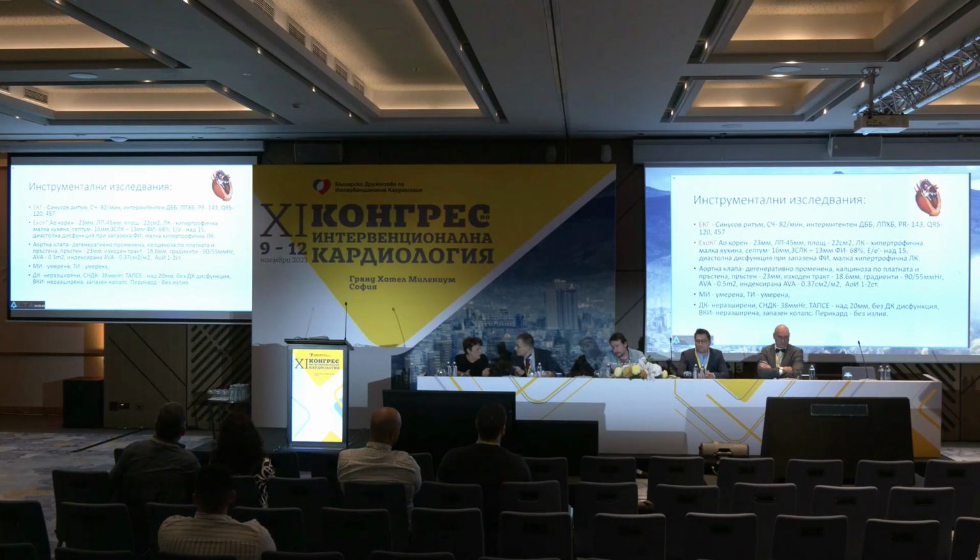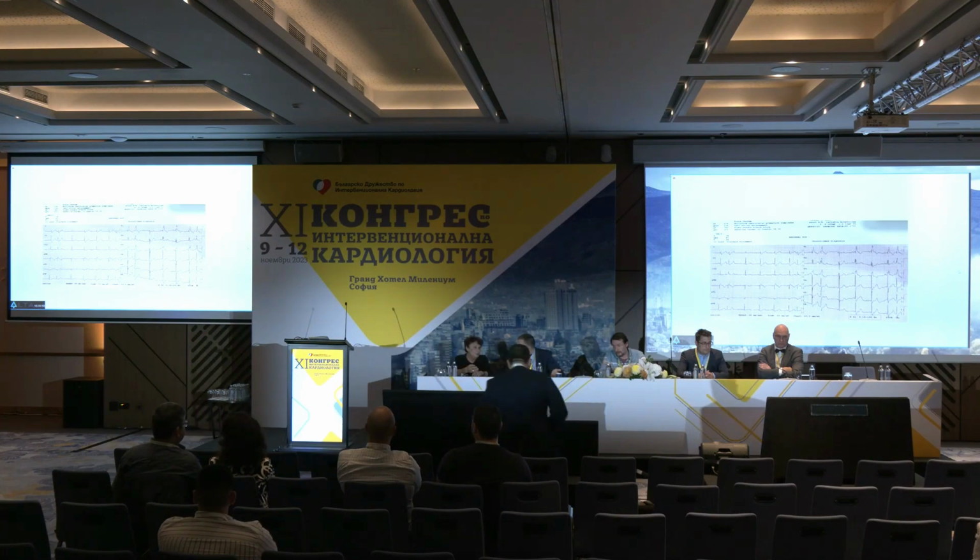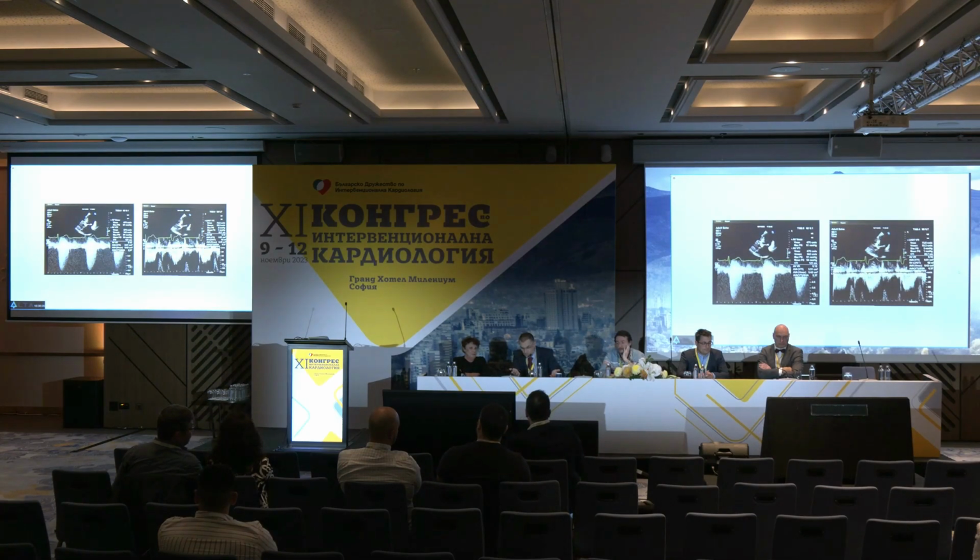The AVA is 0.5 square centimeters, with a normal right side of the heart. This is the ECG, as I already mentioned. Those are the gradients from echo with AVA.